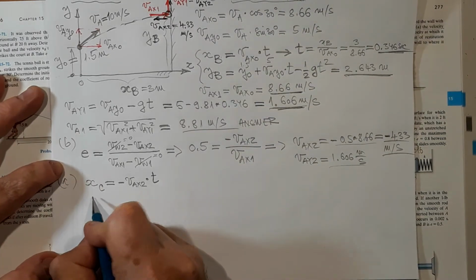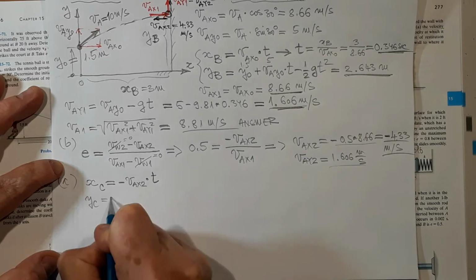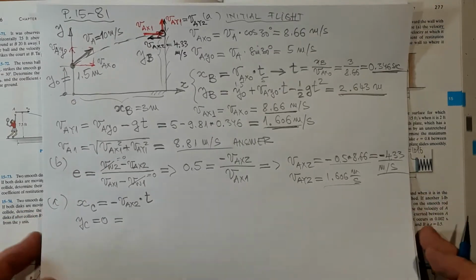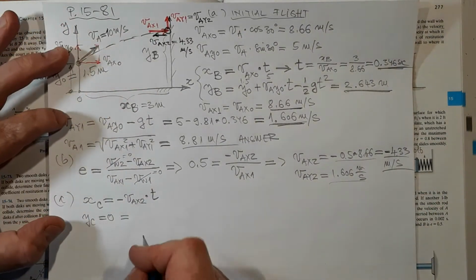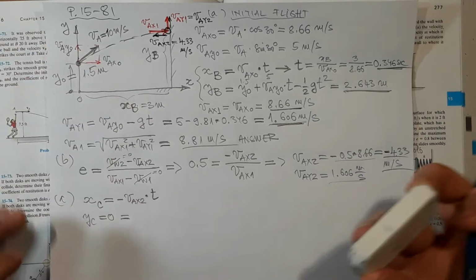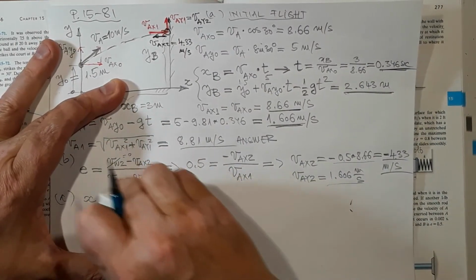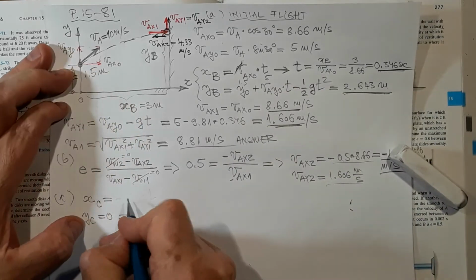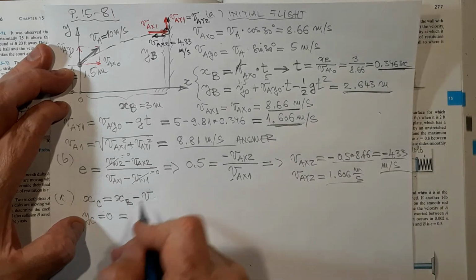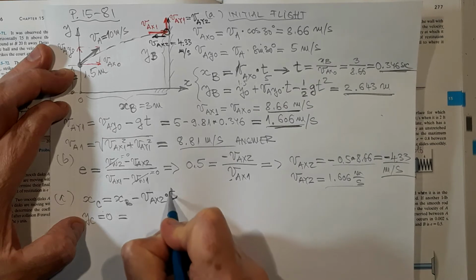And then I have y at c, which is 0, equals, now this is accelerated motion with negative g acceleration. Let me say that I missed a term here. It's not the initial x0, it's actually going to be xb. So xb minus VAX2 times the return time.